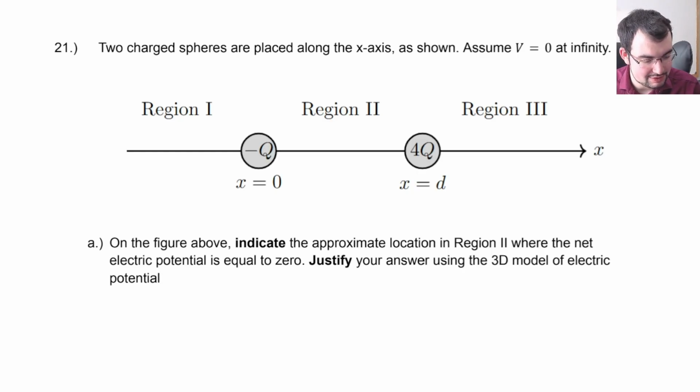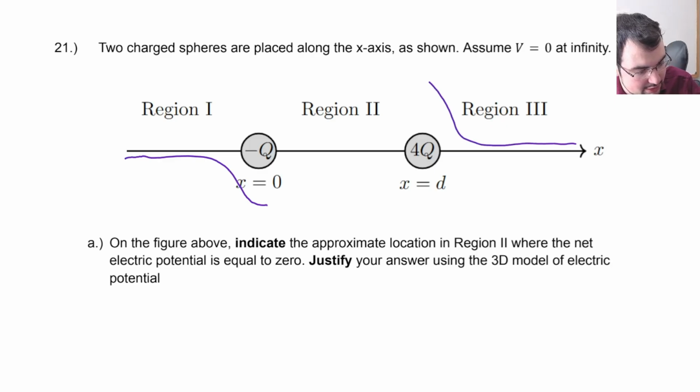Well, it should make sense that we're going to get something that kind of looks like this. So we know that the negative charge is going to generate some spike. And then we also know that the positive is going to generate a hill, but the hill is going to be much bigger. It's going to have a larger sort of region of influence.